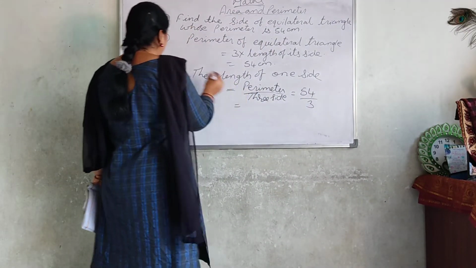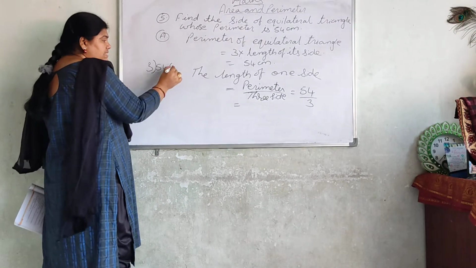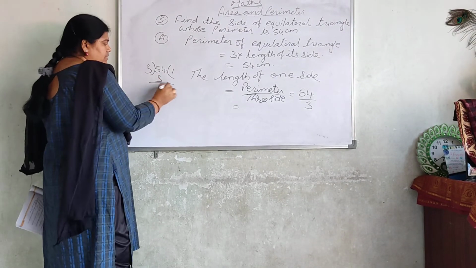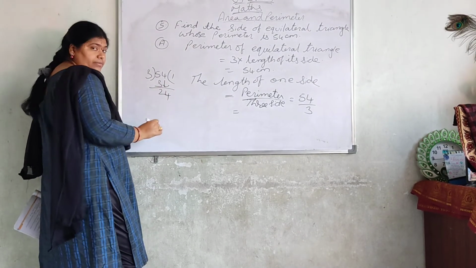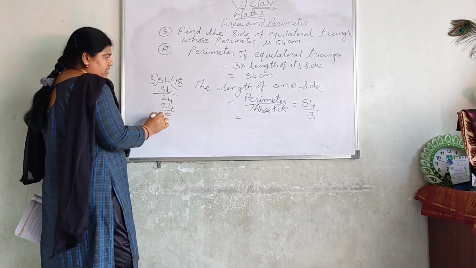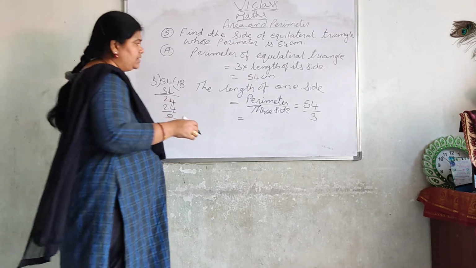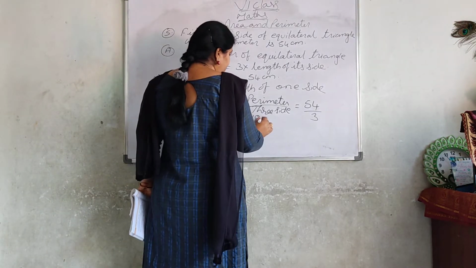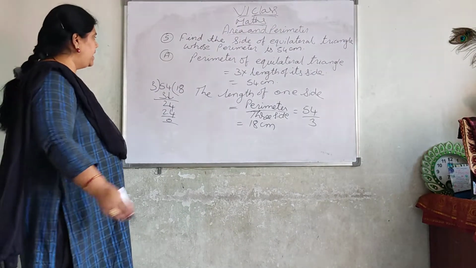That is equal to, 3 into 54. 3 ones are 3. Now here you are getting 2 as the remainder. Bring this 4 here. 3 eights are 24. 0. So what is the length of one side? The length of one side is equal to 18 centimeters.